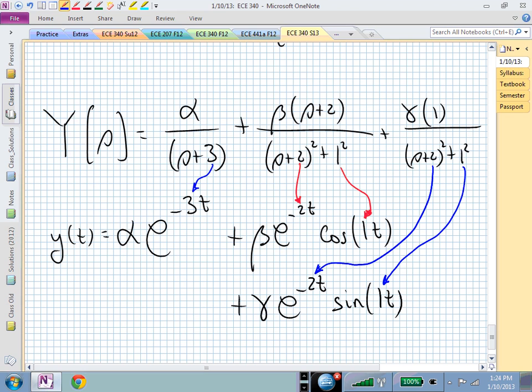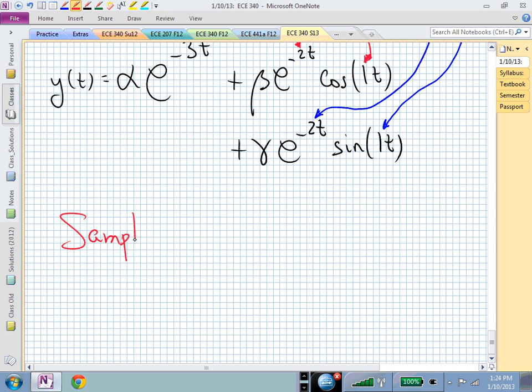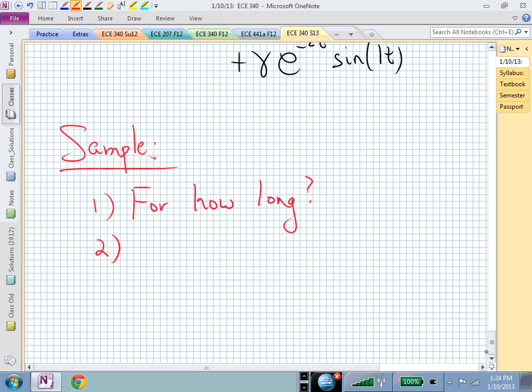And how fine do we sample? That's going to be based on the speed with which we decay and also how fast it's oscillating, moving up and down. And we'll learn how to do that. But the two questions concerning putting this into MATLAB, or sampling this, are: for how long do we sample, and then how fine do we sample?